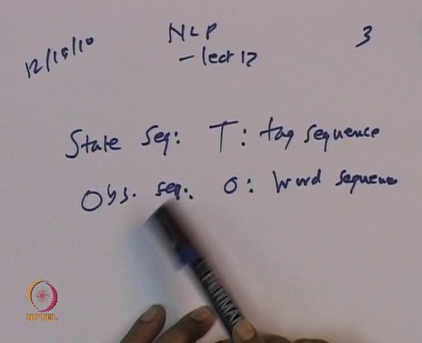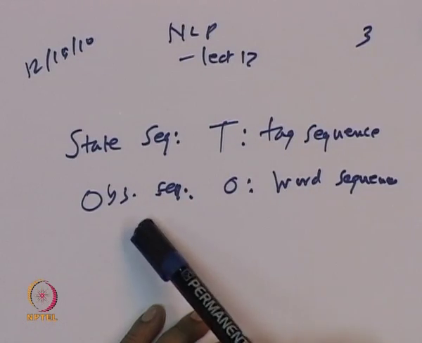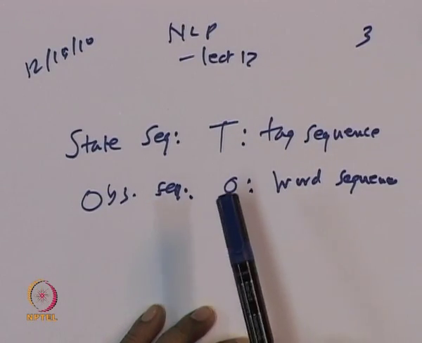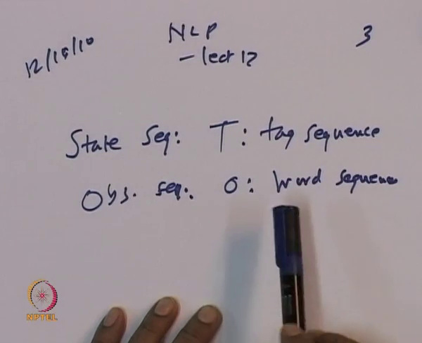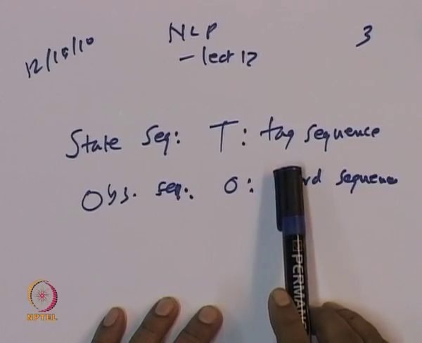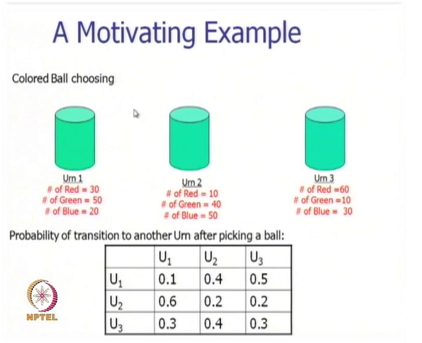All right. So, this is what we have written. The state sequence is the tag sequence T, the observation sequence is O, the word sequence, and we have seen the deduction for how the tag sequence can be found out. Let us discuss the theory of HMM in more detail.